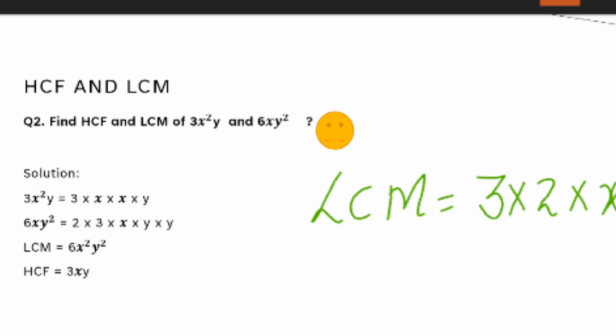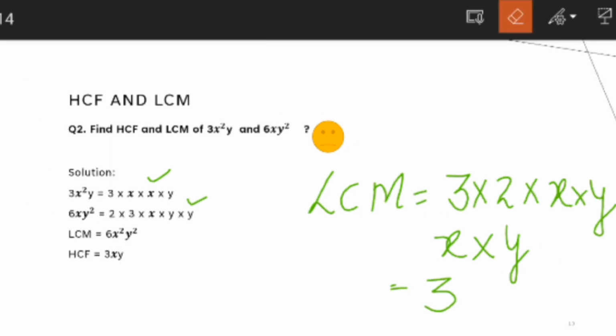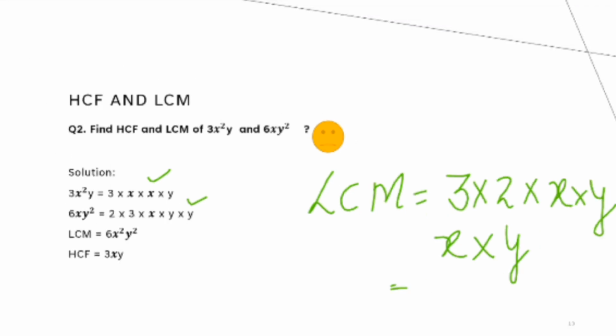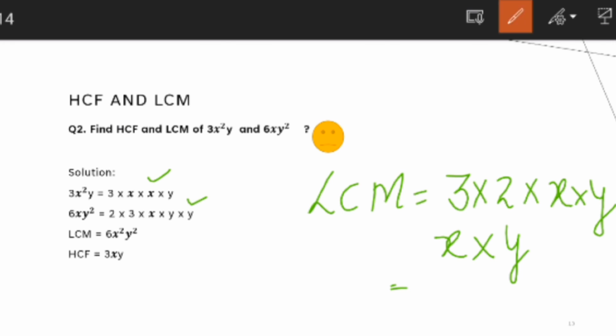Now 1 x is remaining, so I'm taking the uncommon also, and y here is remaining, so I'm taking this. Ultimately, the answer becomes 3 into 2 is 6, x to the power 2, y to the power 2. So with this answer, you're able to understand how we are going to take LCM directly.